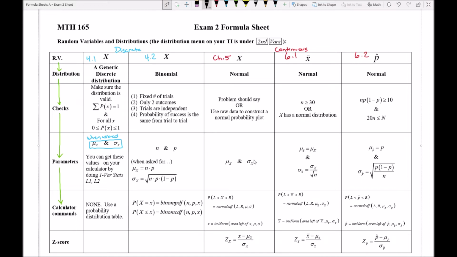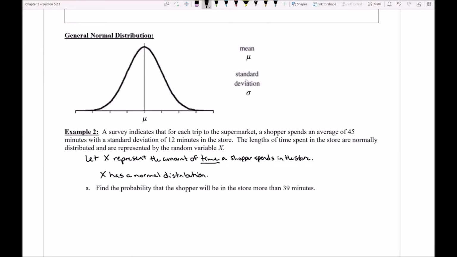In this case, that would mean that I'm looking here for a mean and a standard deviation. So I can see here that the average time a shopper spends in the store is given to me as 45 minutes, and the standard deviation for that is 12 minutes.